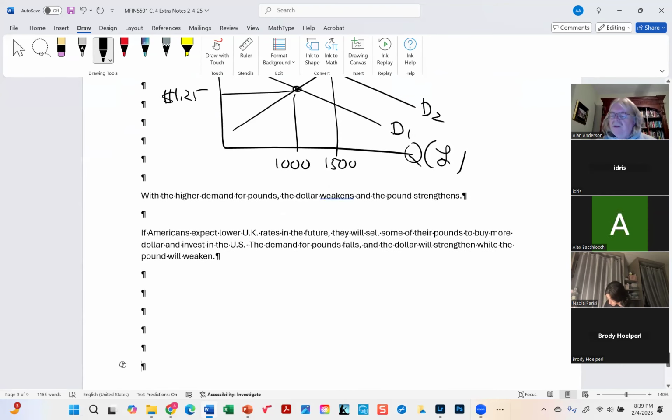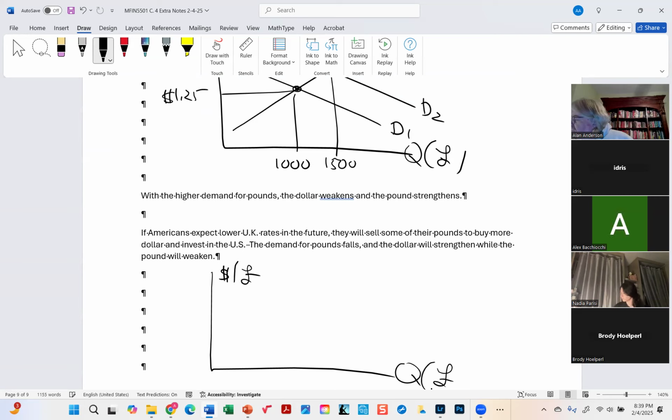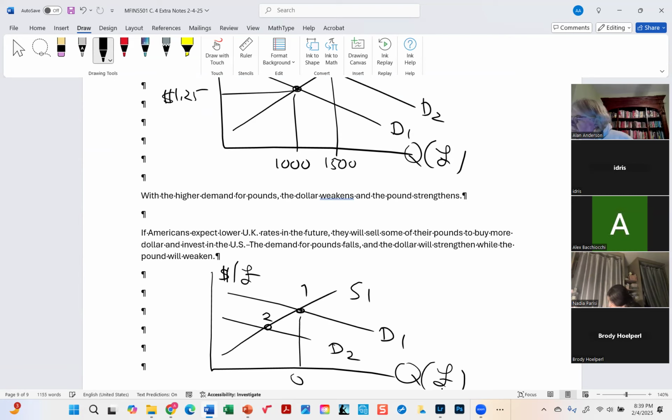So we're just shifting this demand curve to the left now. Okay.